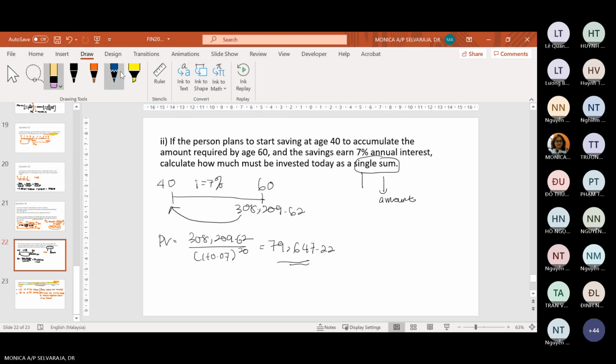Clear or not? Sum is amount. Are you okay? Yes, one amount for investment. Correct.